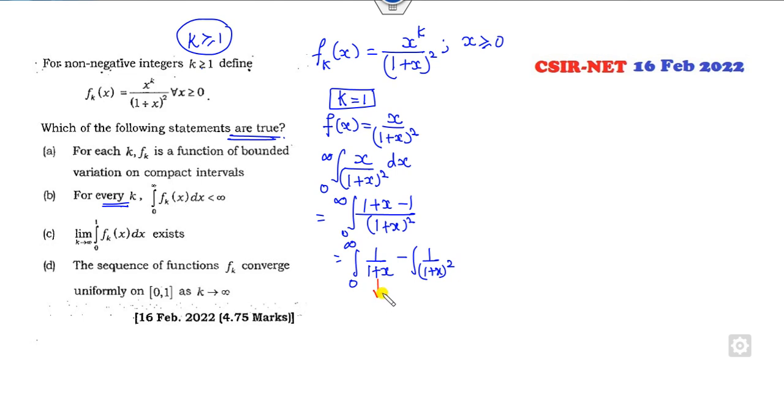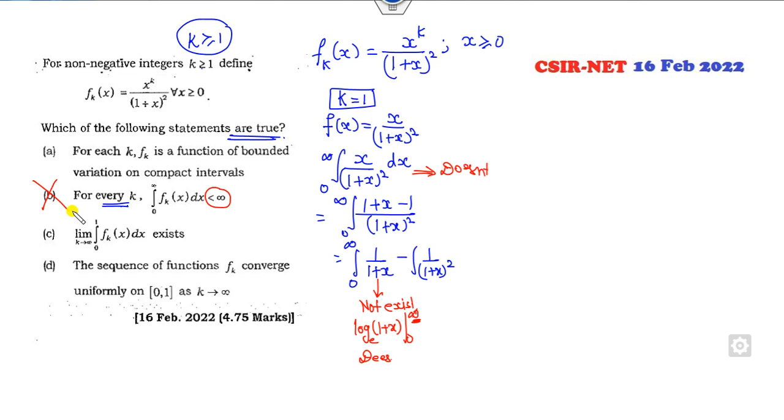Clearly this does not exist. Why? Because the integration of this will be log to the base e from 0 to infinity, and at the point infinity it does not exist. It means this integration does not exist, but the option said finite. So this option is cancelled.